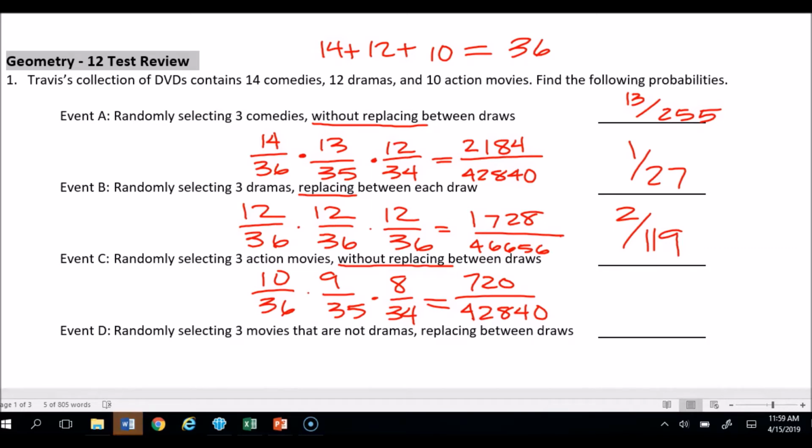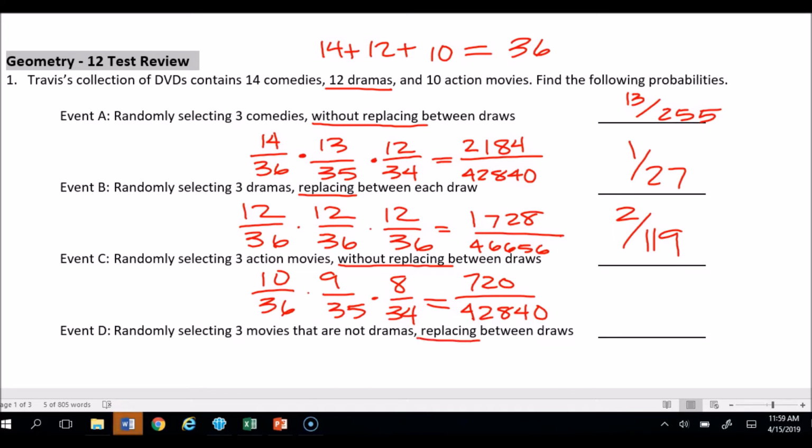Our last one in this set is randomly selecting 3 movies that are not dramas, replacing between draws. So this time when we talk about which movies are not dramas, we're going to have to add together the 3 that are not dramas. So here's our dramas. So we're going to have to then add 14 to 10. So that's going to be 24. This time again, it says we're replacing.